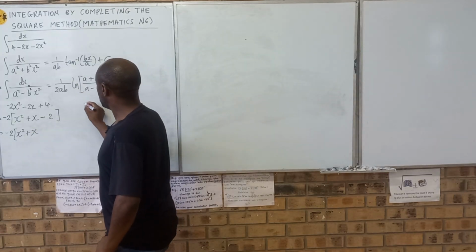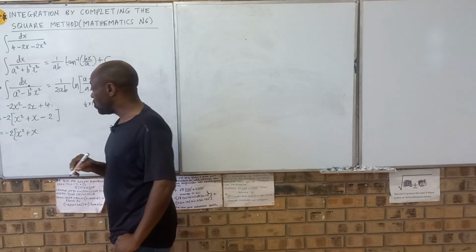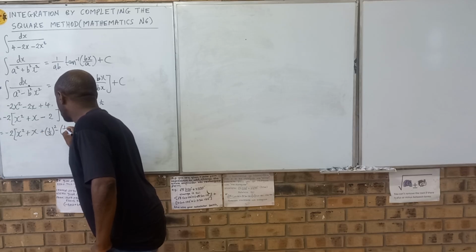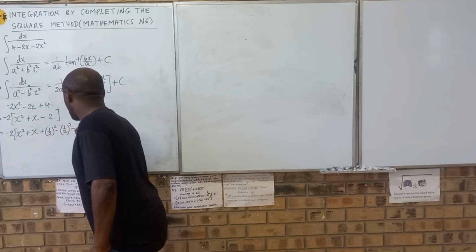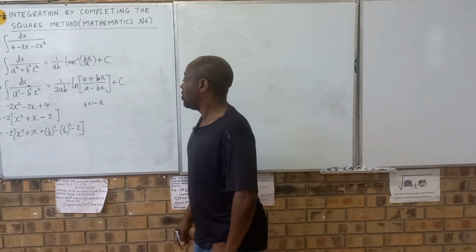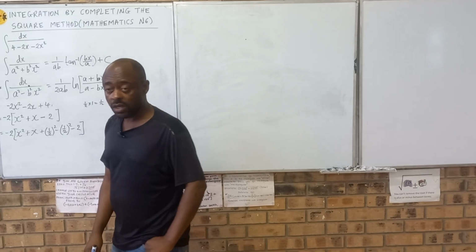If I take a half of 1, it gives me 1 over 2. I'll then square that number. I add it and I subtract it before I write my constant term. So this is what you do for us to say you've completed this.